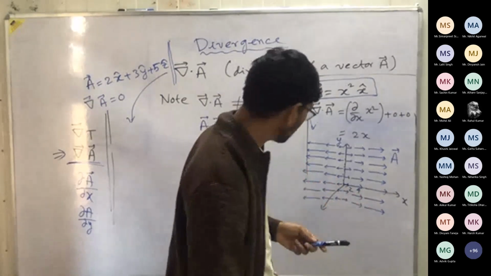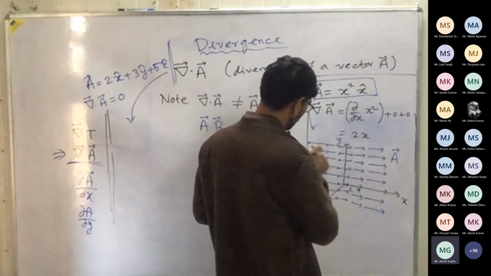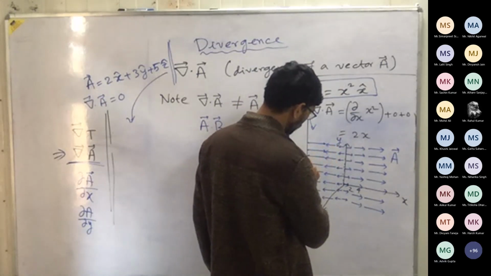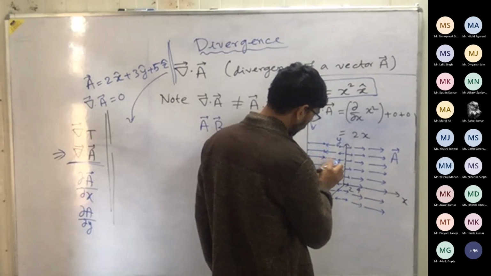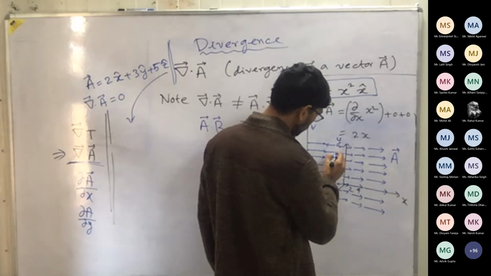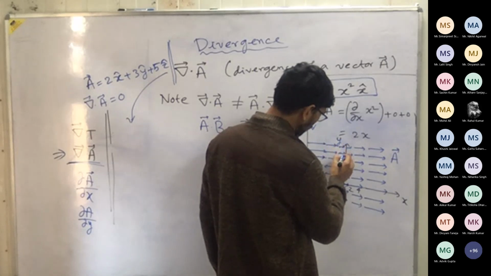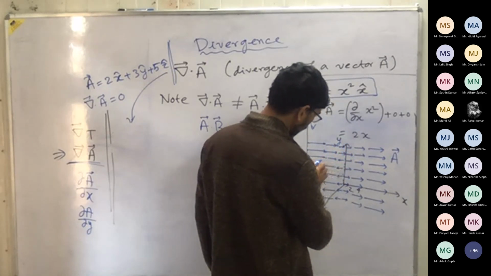The direction is opposite, the magnitude is right. Now I have to correct these arrows. It will take time, but you understand, you have to correct it.